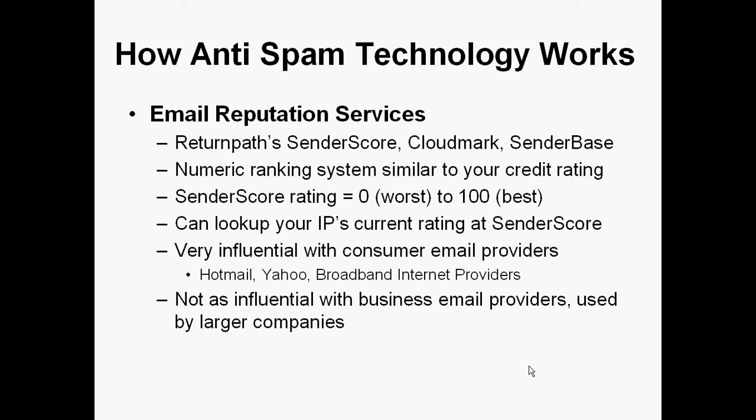If your volume is huge and irregular, then that's a sign of a spammer. They're also looking at the number of hard bounces in your list, the number of spam complaints, and also the open rate and the click-through rate. They want to see that as well.